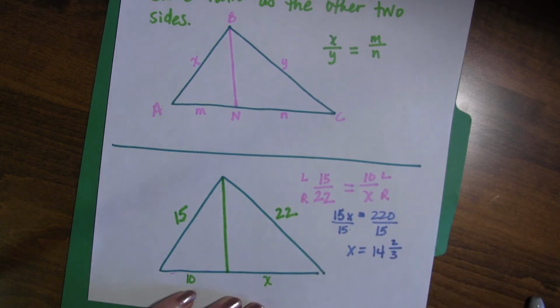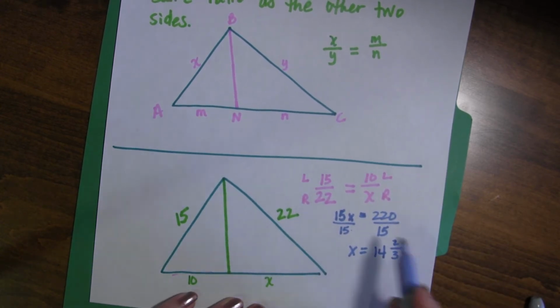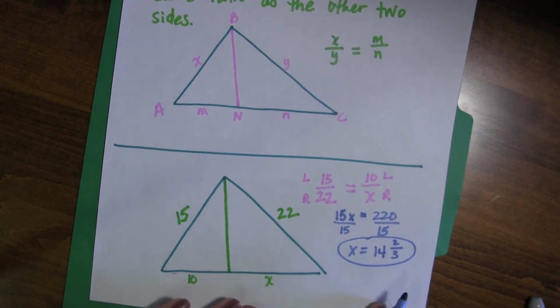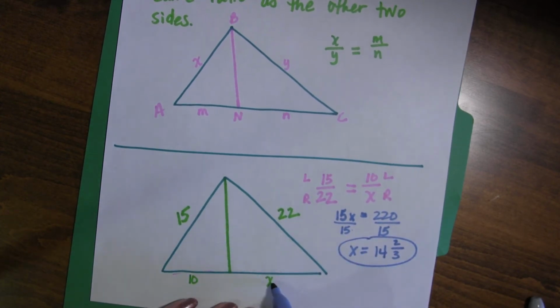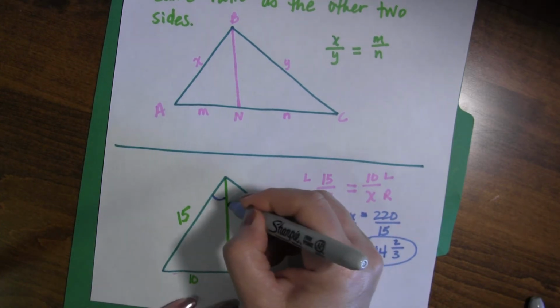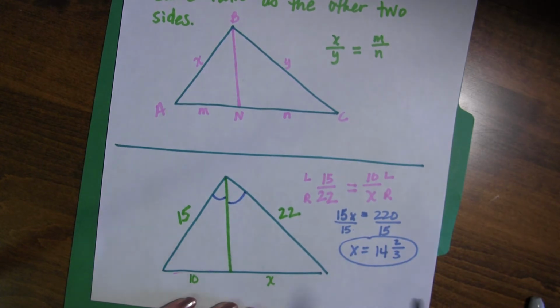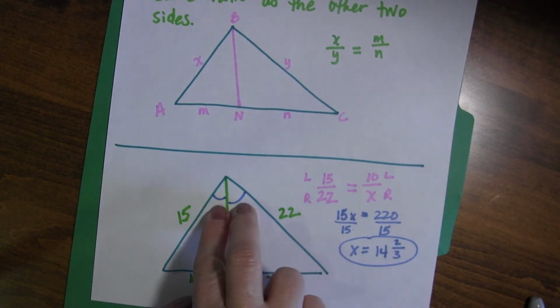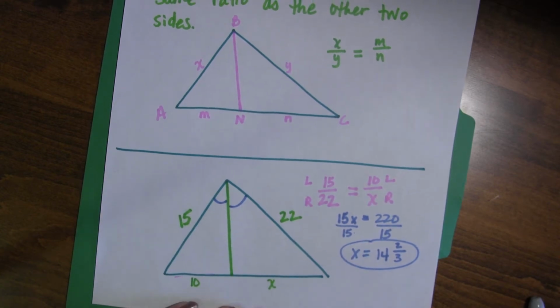You get 14.666667. But that is our answer. So that is the side length of this side right here. And we know that because as long as these two angles are bisected, that is cut exactly in half, then we can do this kind of math.